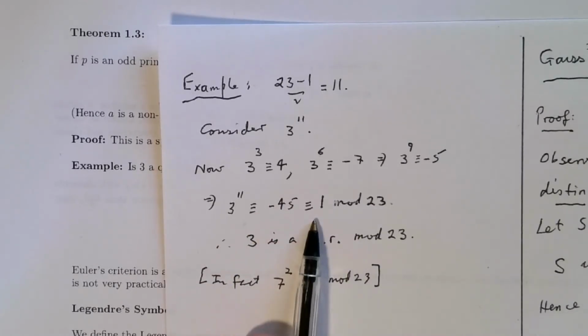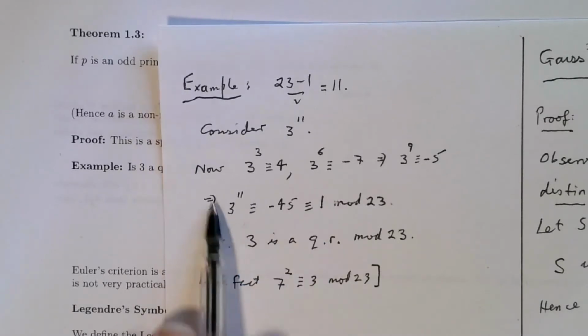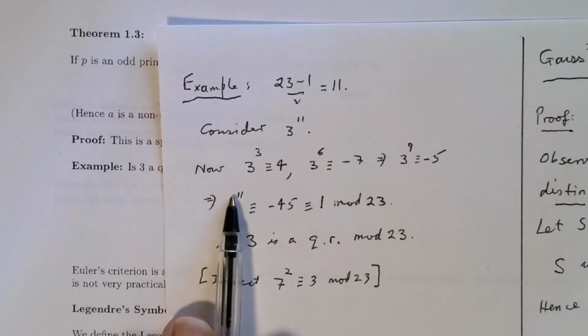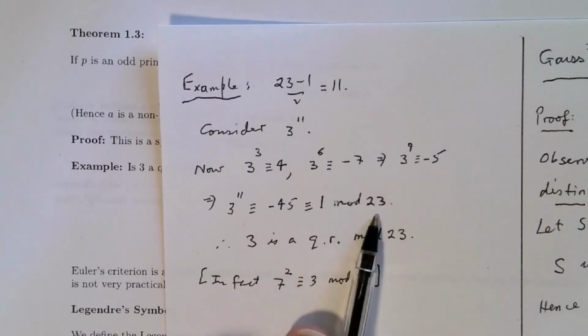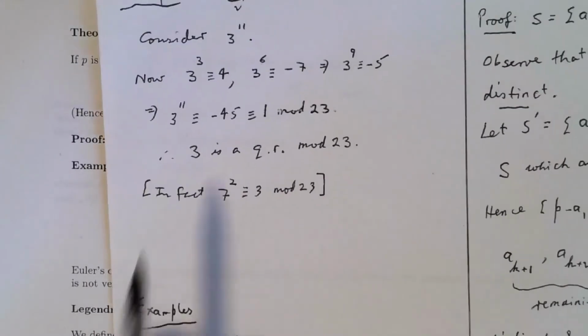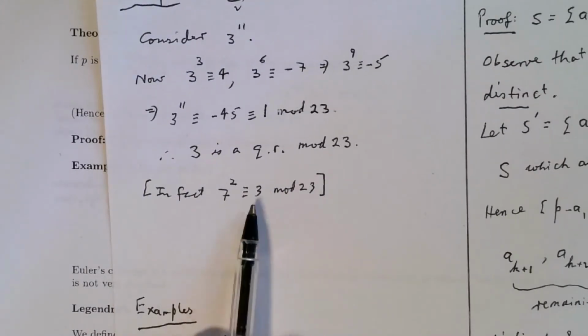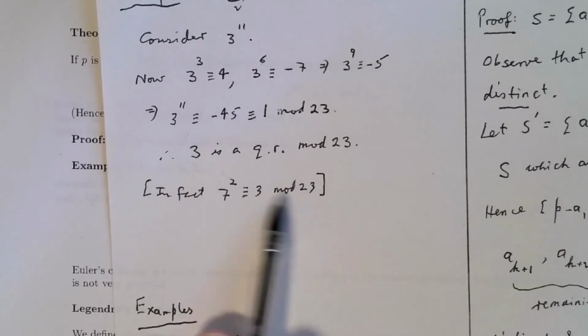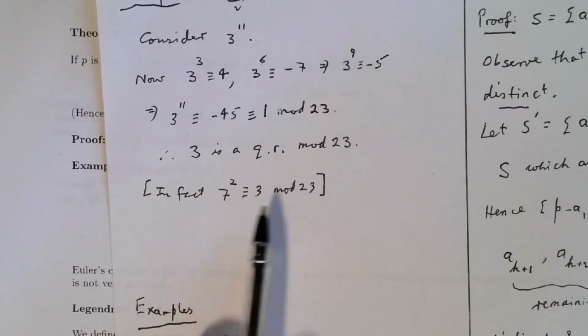So Euler's criterion says that 3^((23−1)/2) gives me 1 mod 23, so 3 is a quadratic residue modulo 23. In fact, if you play around a little bit, you'll discover that 7 squared is 3 modulo 23. So that is the number which when squared gives me 3.